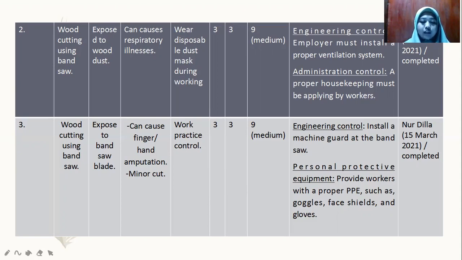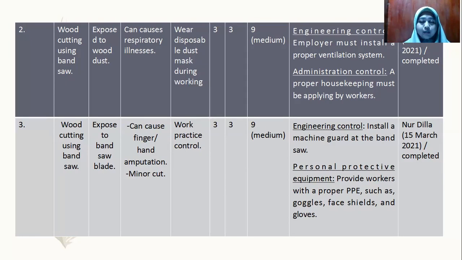The requirement to install the ventilation system has been stated under FMA 1967, section 22, subsection 1, paragraph C and subsection 1. Also in USECHH Regulations 2000, part 5, regulation 18, subsection 1, paragraph A and paragraph B.